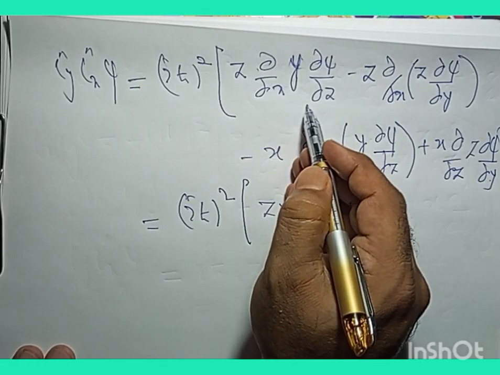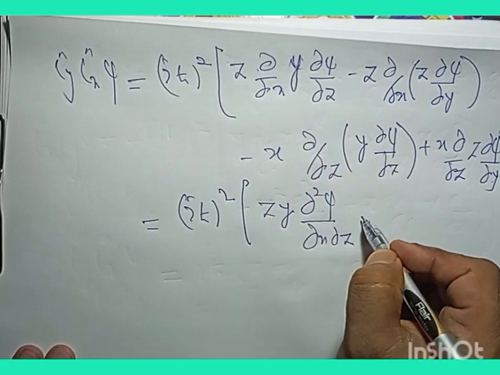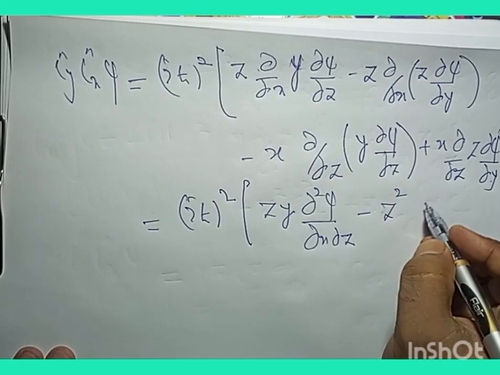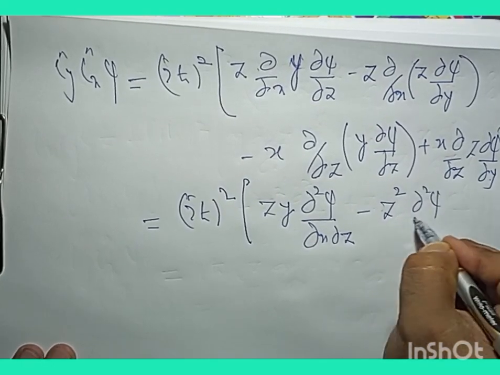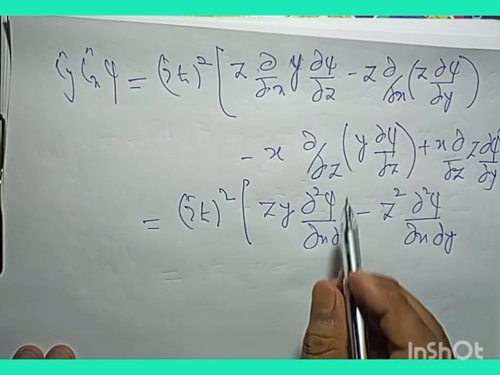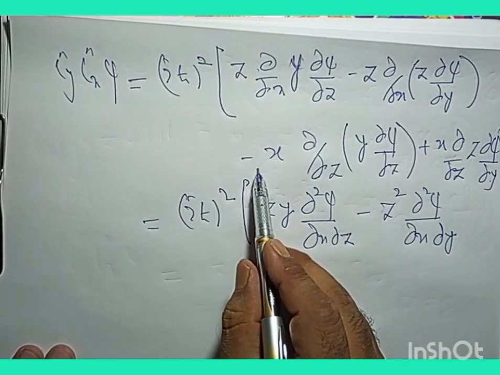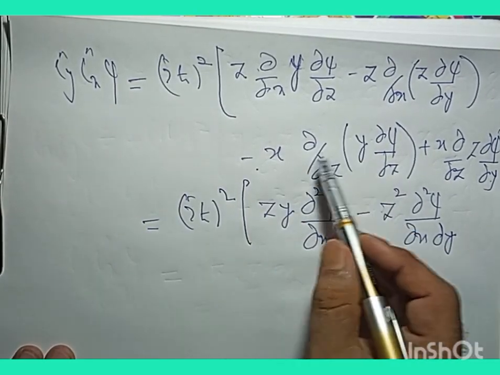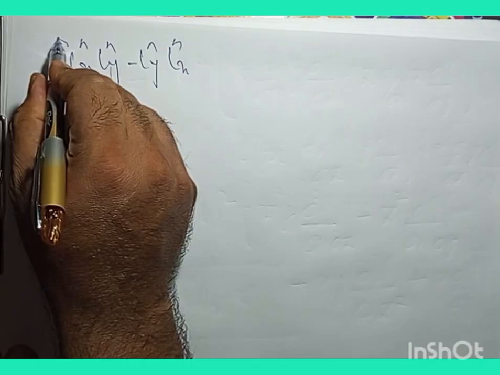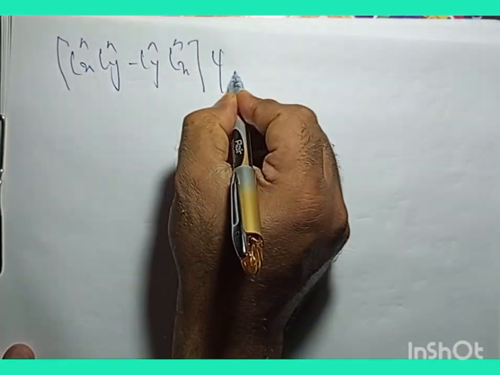This will be for this, and then for this we will have z² ∂²ψ/∂x∂y, and then for this y will come out because the derivative is with respect to x and ψ.